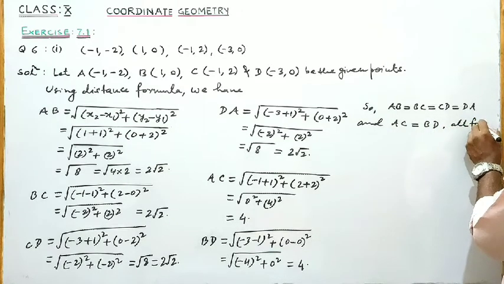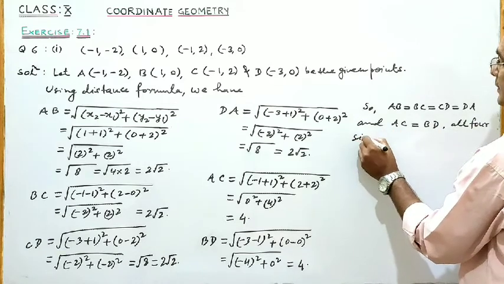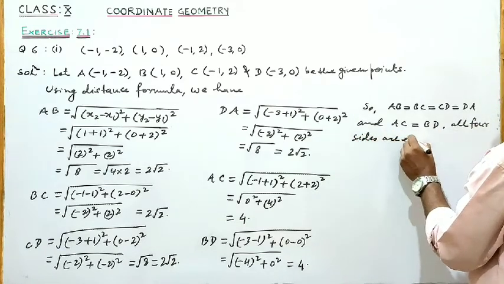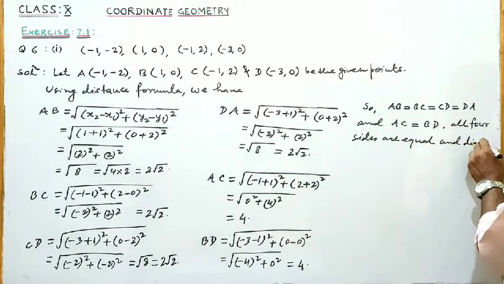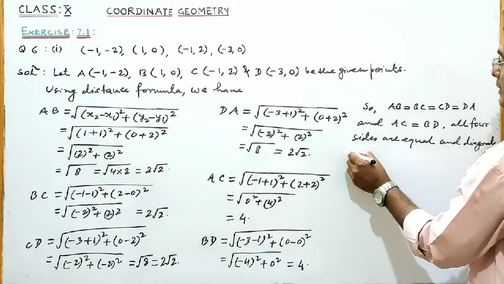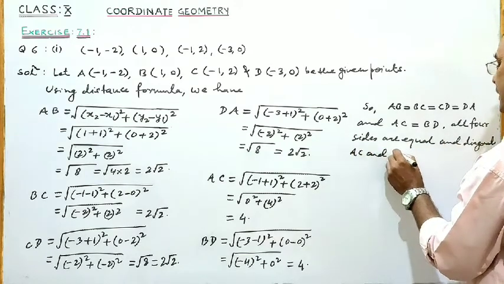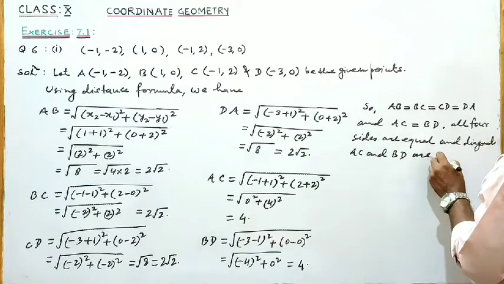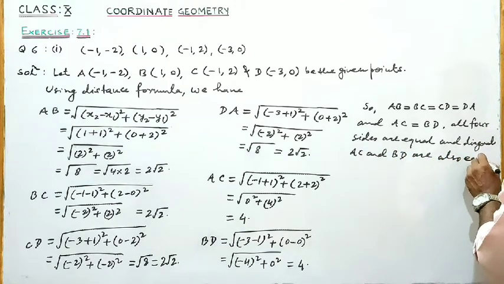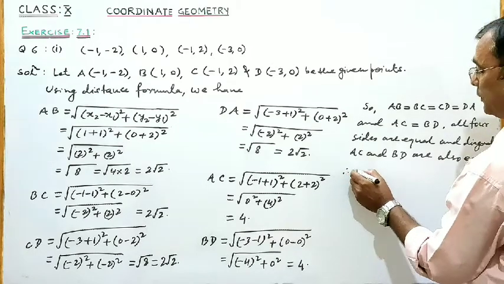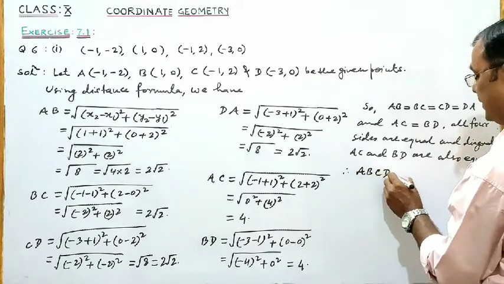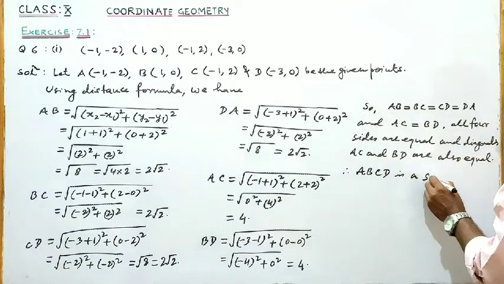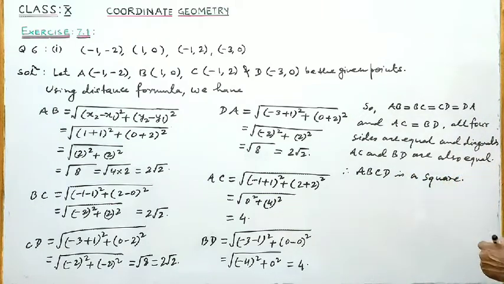All four sides are equal and diagonals AC and BD are also equal. Therefore, ABCD is a square.